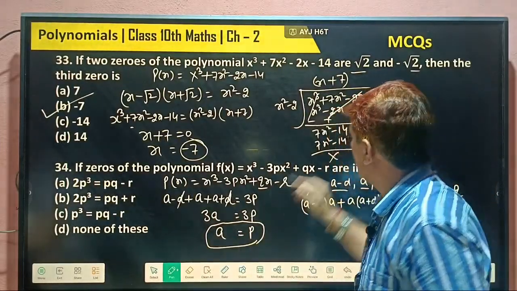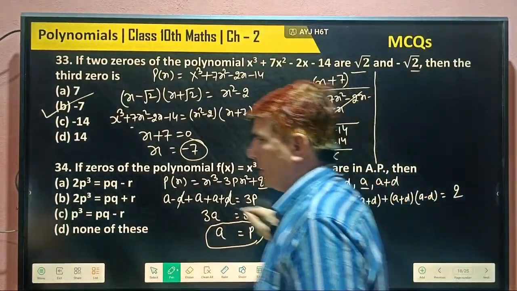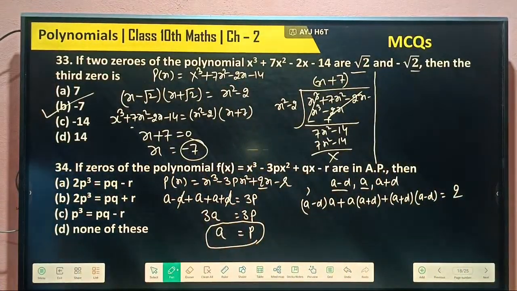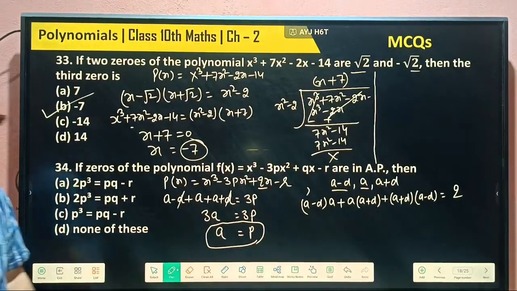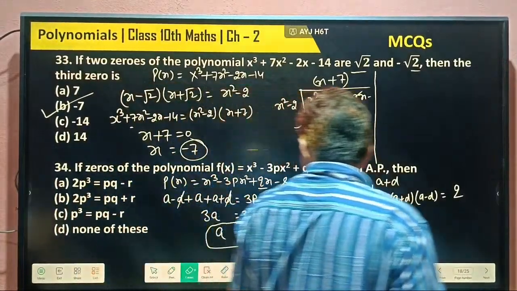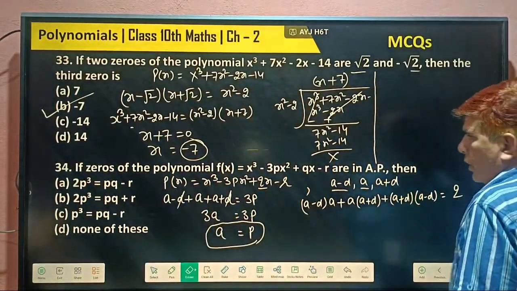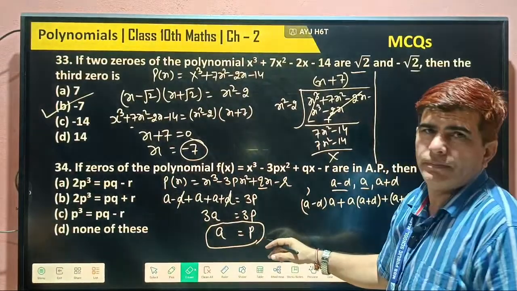We are taking it like this. So this is understood. A equals p coming here.